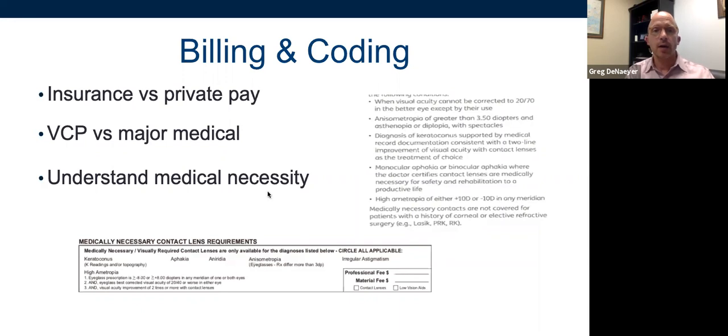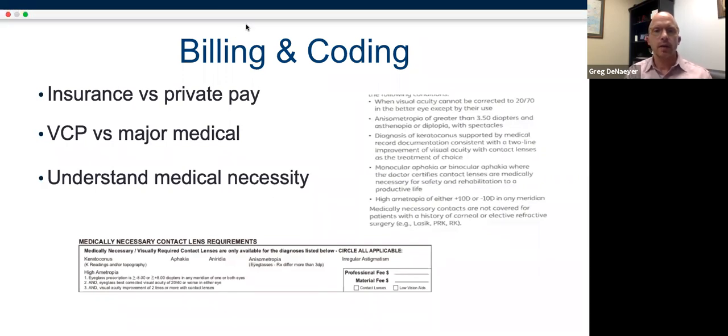And if they are, then this is where they will meet with my assistant, and she will go through everything regarding insurance. I do accept one vision plan, and we do utilize it when the patient has that available. We do also submit for medically necessary lenses as well.